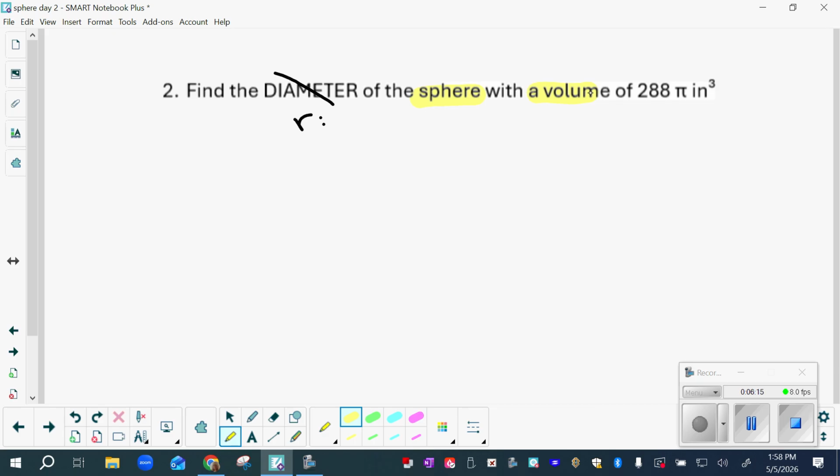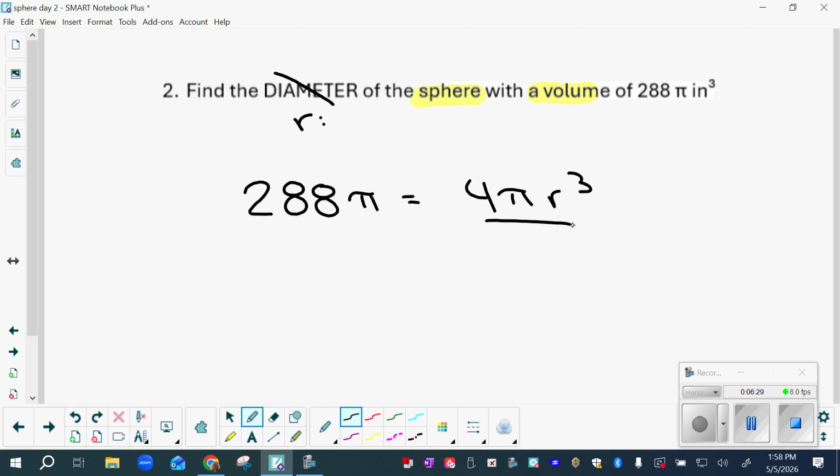It's dreamy. Could you do this formula while you're sitting? Okay, here's what we got going on. Can we do the volume of my ball? 288 pi equals 4 pi r to the 3rd over 3. First step for me, get rid of the pi's, right?